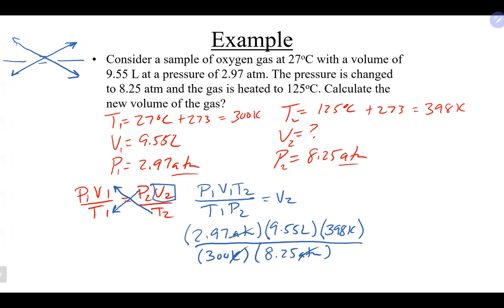Atmospheres cancel, Kelvin cancel, leaves us with liters as our unit that is left at this point. That gives us 398 times 9.55 times 2.97 divided by 300 and divided by 8.25. Going to give us a 4.56 in terms of our liters in this particular case.